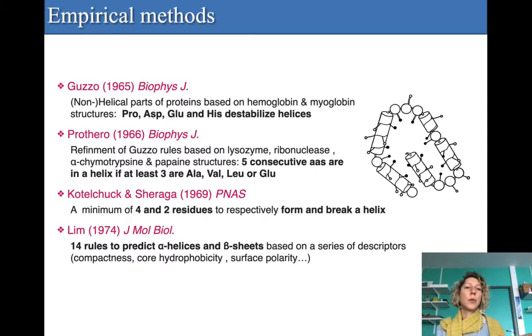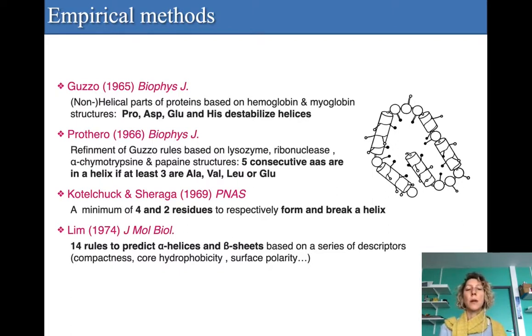For example, Guzzo in 65 observed that non-helical parts of proteins were mainly composed of proline, aspartate, glutamate, and histidine, and this was based on just two structures, that of hemoglobin and that of myoglobin. Then more structures came out, lysozyme, ribonuclease, etc.